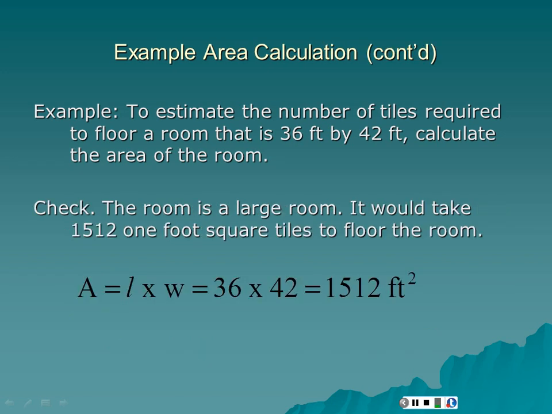Here we are again. Since you have 1512 square feet, you will probably need 1512 one-square-foot tiles, because the tiles have their own measurement, right? If you go to the store, they will say this tile is 1 square foot.